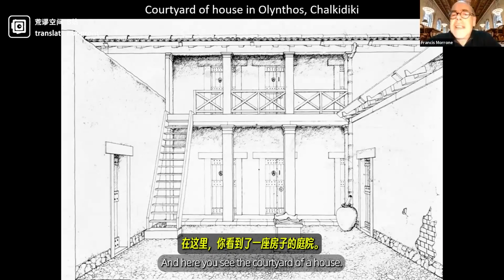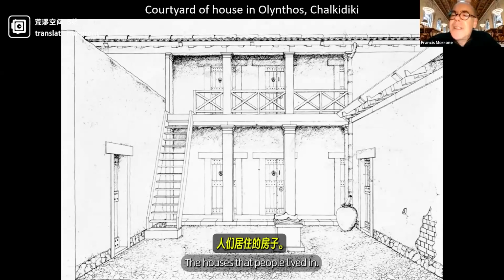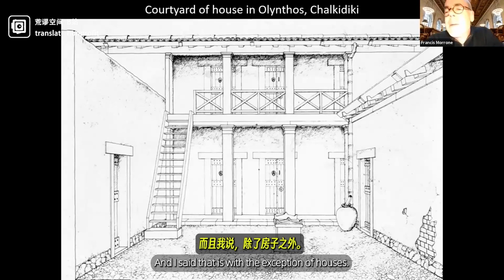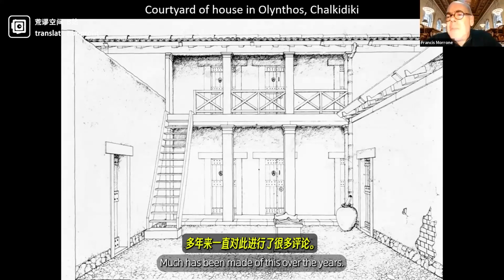Here you see the courtyard of a house. The houses that people lived in, I said that most of the buildings of these Greek cities and towns were rather grand, and I said that is with the exception of houses. Much has been made of this over the years.